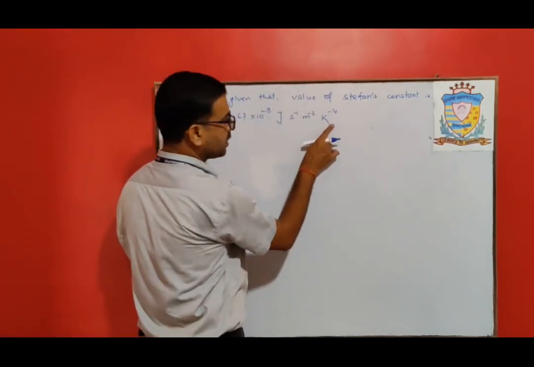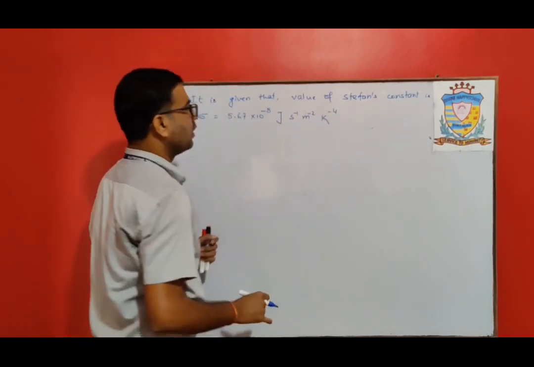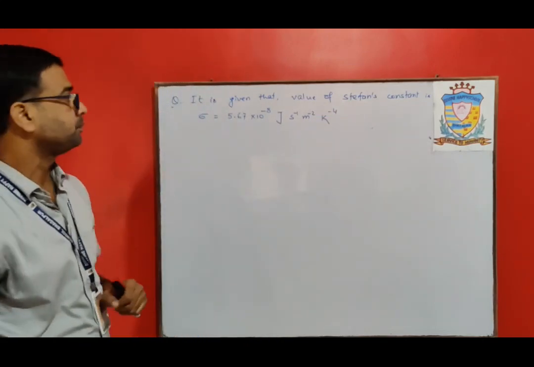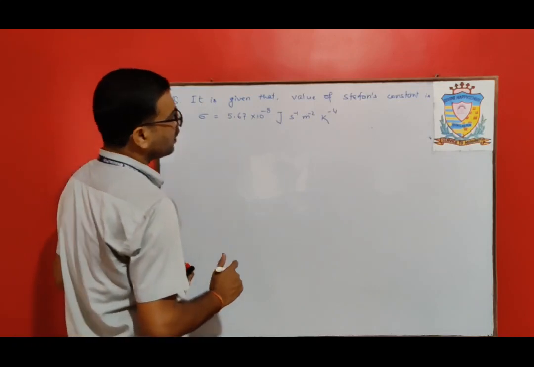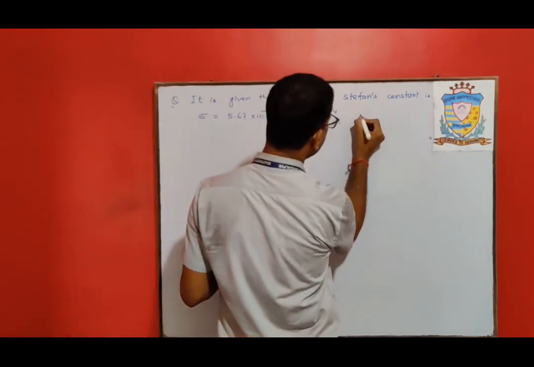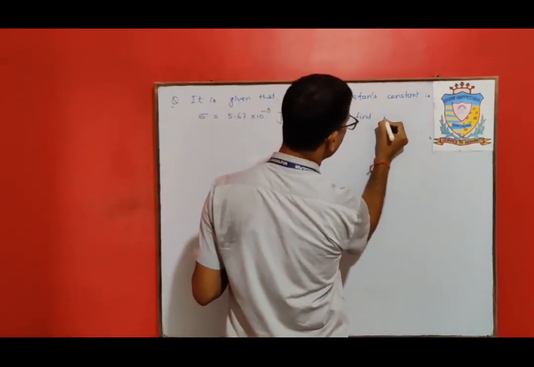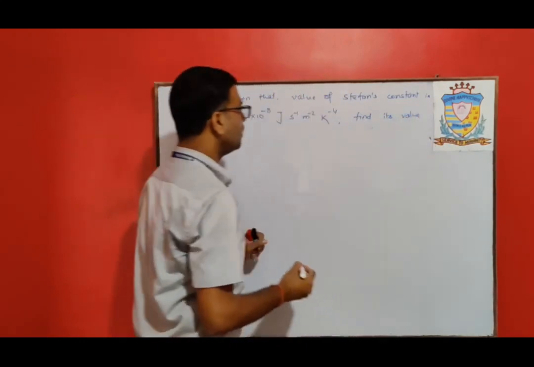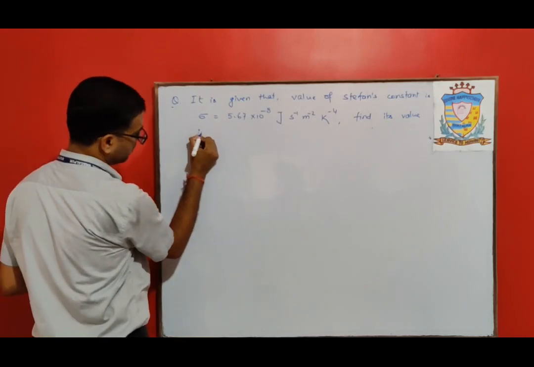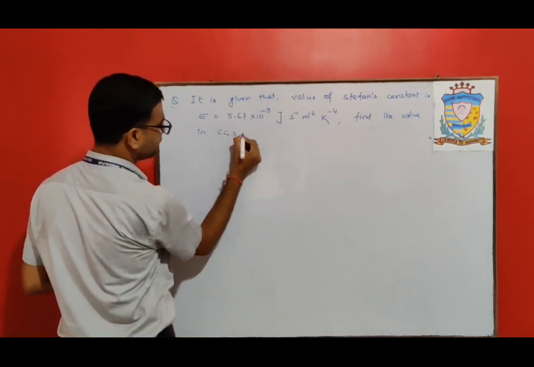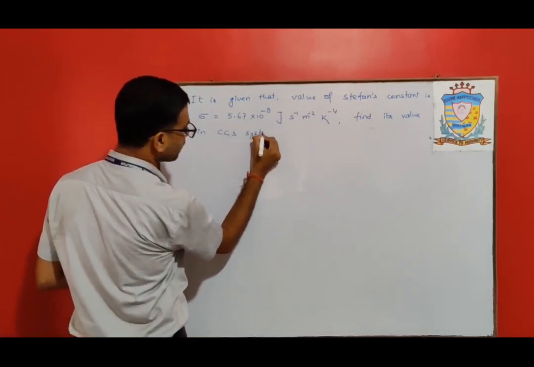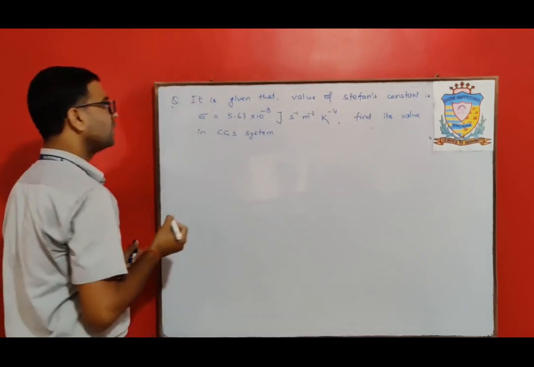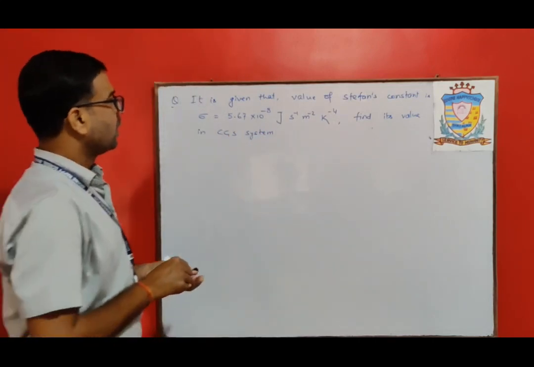Here K stands for Kelvin, raised to the power minus 4. Find its value in the CGS system.